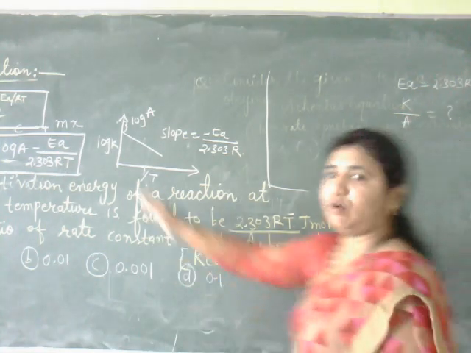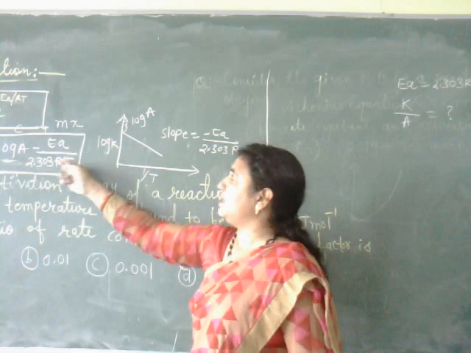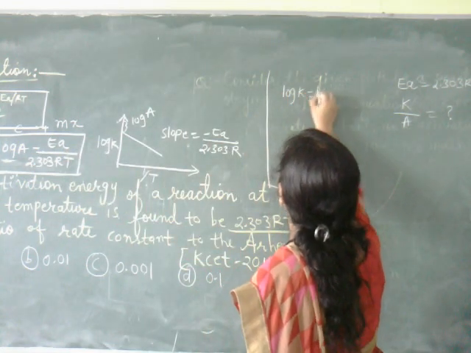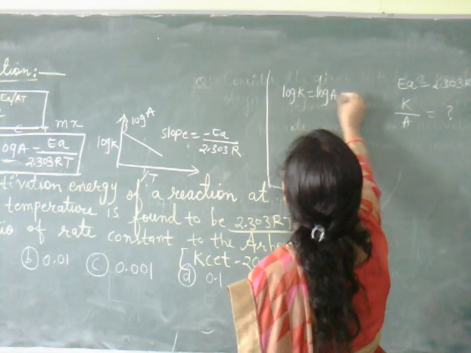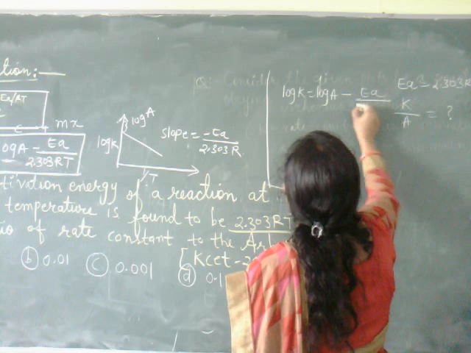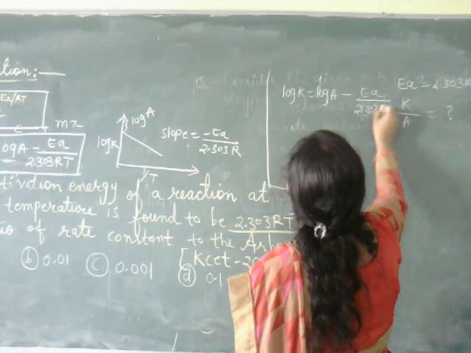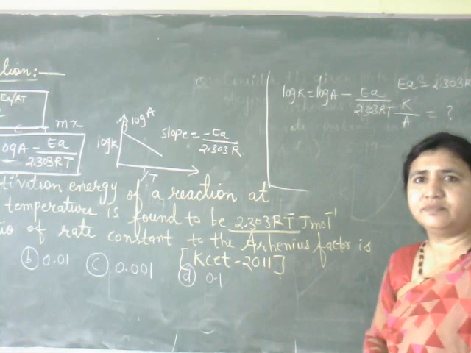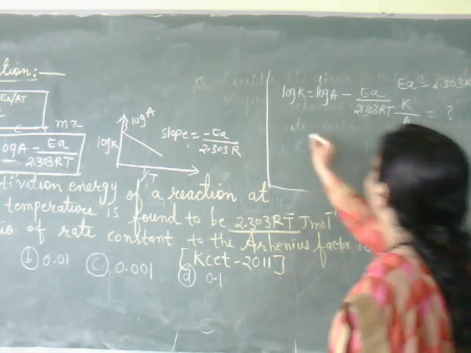What is the ratio here? So we have this formula here. What is the formula? Log K is equal to log A minus Ea by 2.303 RT. This formula we have here.